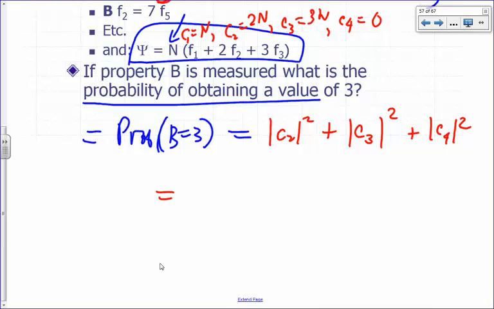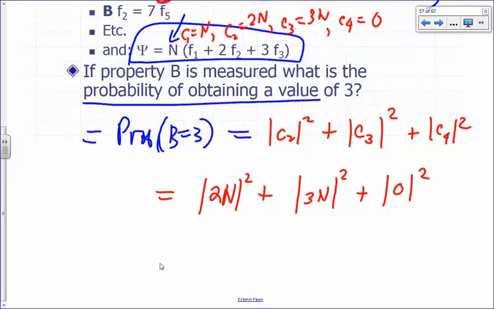So the probability that a measurement of property B will give us a value of 3 is going to be equal to c2 squared, which is 2N squared, plus c3 squared, which is 3N squared, plus c4 squared, which is 0 squared. And so what would that be? That's 4 plus 9 times the absolute value of N squared, right?